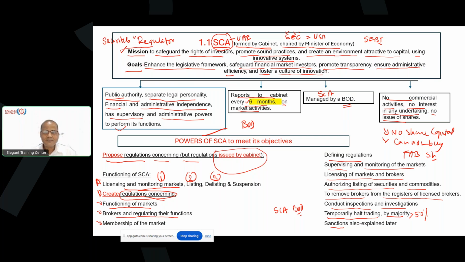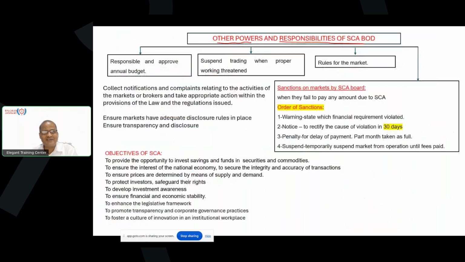Next, we are discussing the powers and responsibilities of the SCA board. We are continuing with other powers. Responsible for approving the annual budget, so SCA also has an annual budget. Budget is always annualized. They can suspend trading when proper working is threatened. Trading means the buying and selling of securities, shares and bonds.